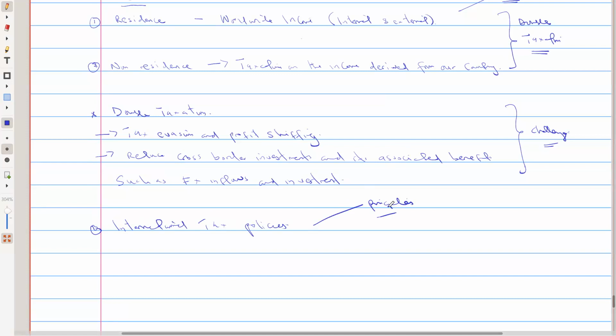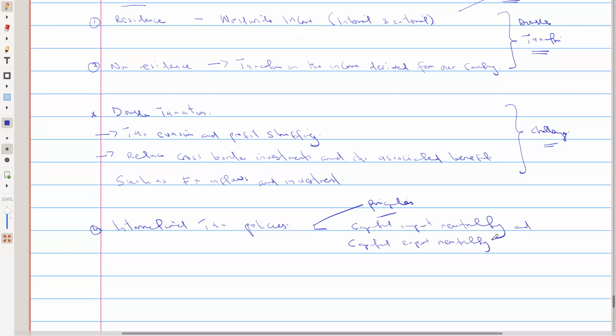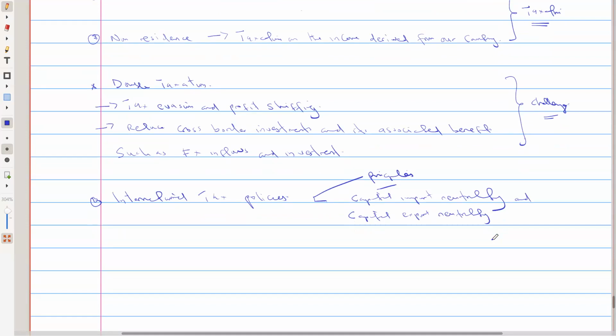Internationally, there are principles around inward investment, or capital import neutrality, and principles around capital export neutrality. We discussed some of the actions, some of the policies that countries could adopt to tackle these things.